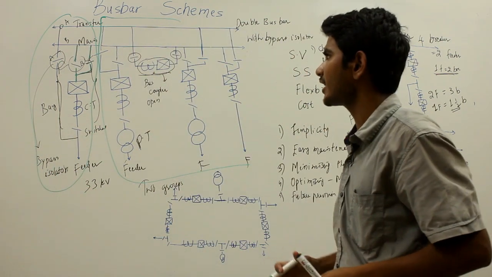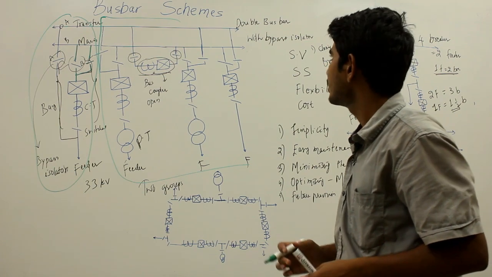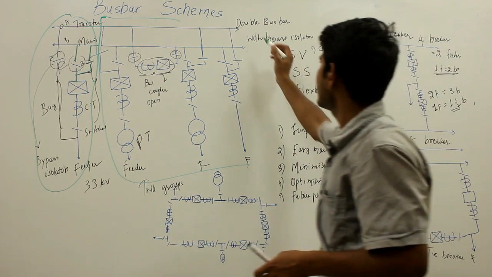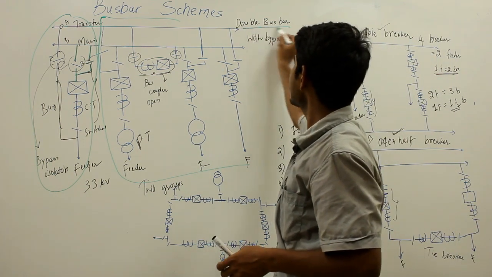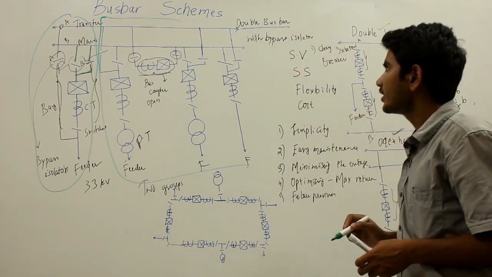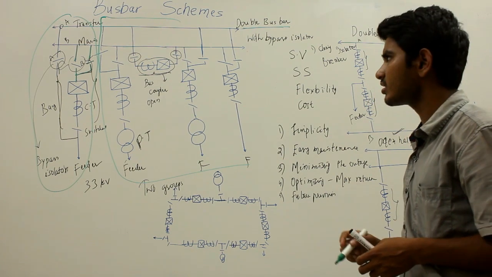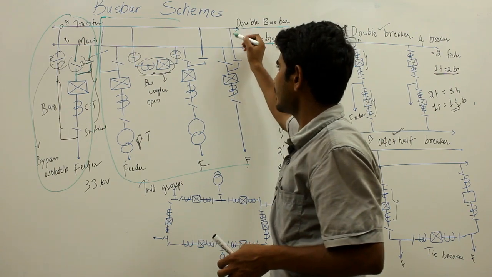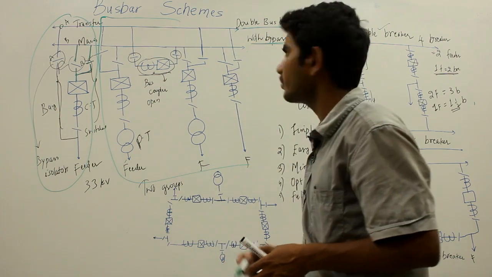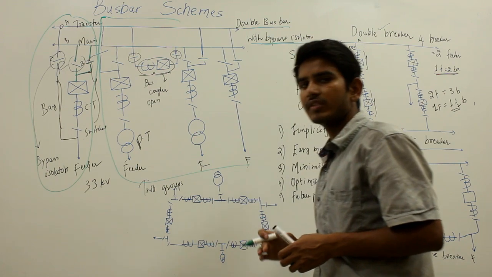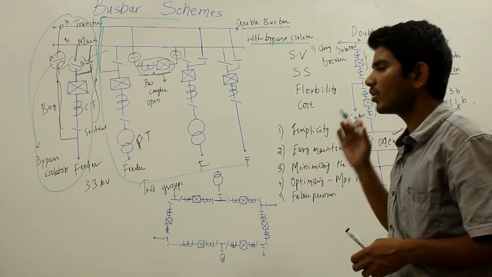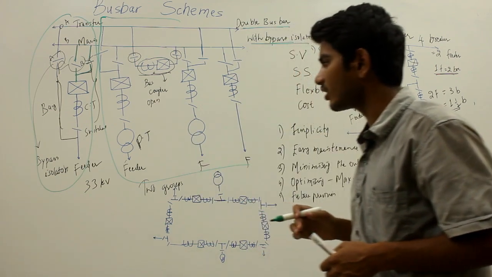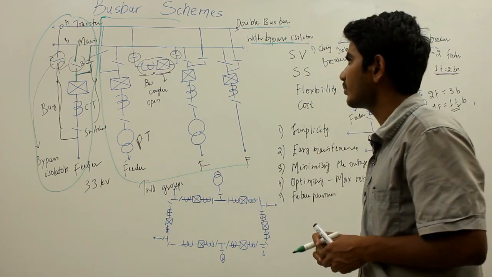So any of the buses can be used as the main and transfer bus in the double bus bar system with bypass isolator. The disadvantage of the double bus bar is that maintenance of the circuit breaker cannot be permitted without interruption of the system. But here with the bypass isolator we are going to use any of the buses as the main and transfer bus, and the maintenance of the circuit breaker can be done without interruption of power.